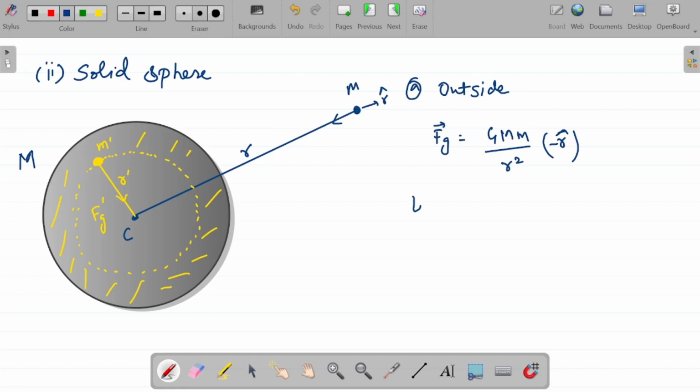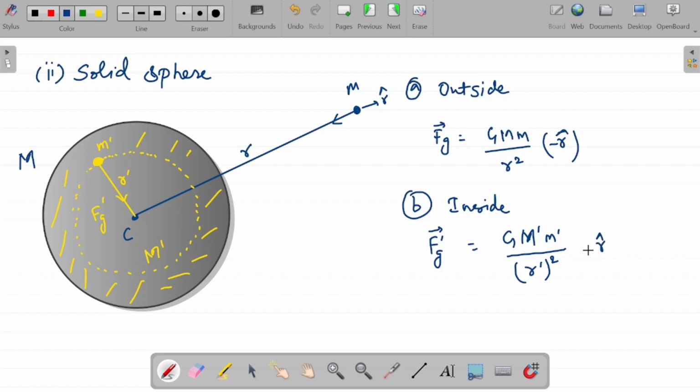So we can write in the second case, when the body is inside the sphere, Fg prime will be equal to G, and let's say the mass of this inner sphere is capital M prime. So Fg prime will be G M prime into small m prime divided by r prime square, and this is also acting along minus r cap.